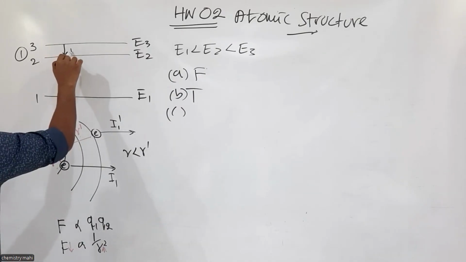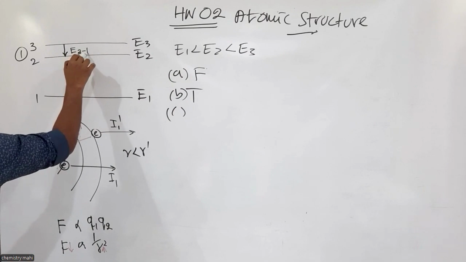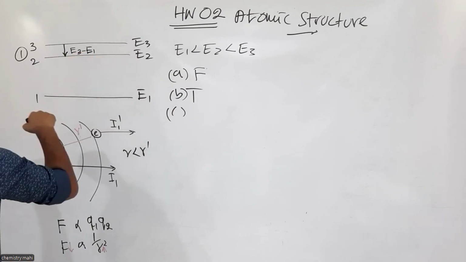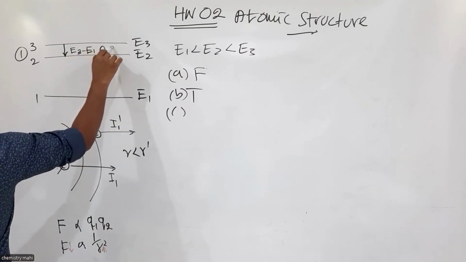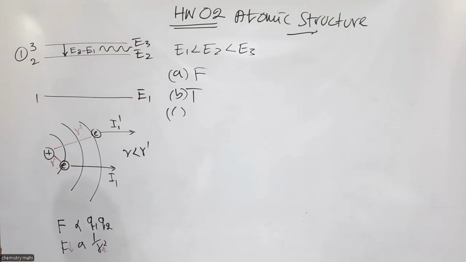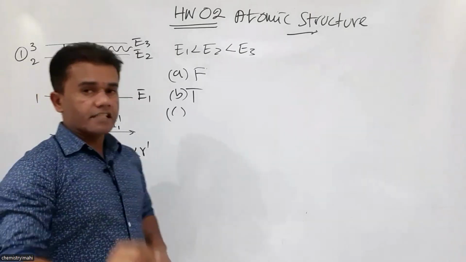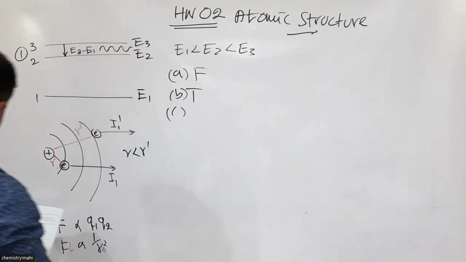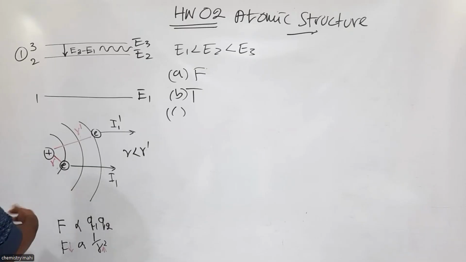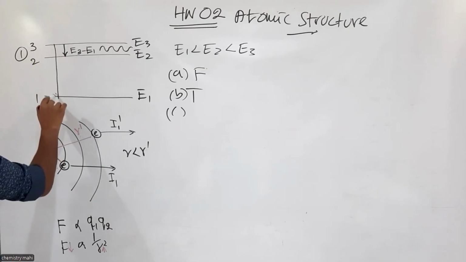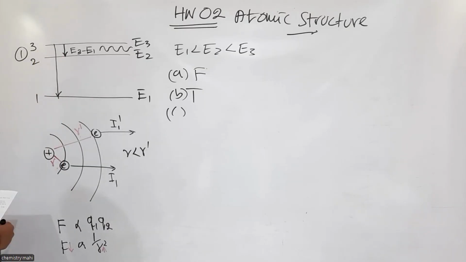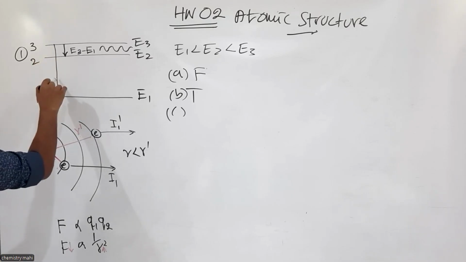Then the energy emitted is E3 minus E1, because these are the two energies. Then we compare the electron transition from n equals 3 to n equals 1. If it transitions from 3 to 1, what about the energy?